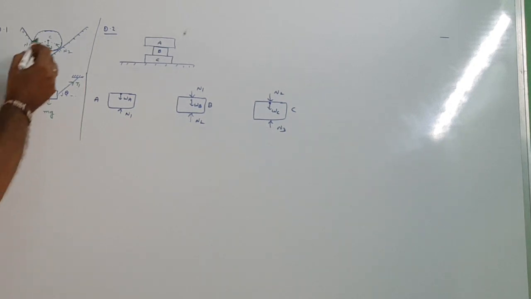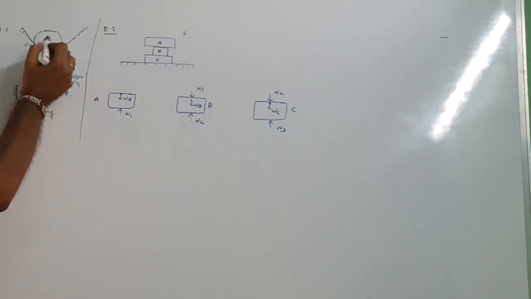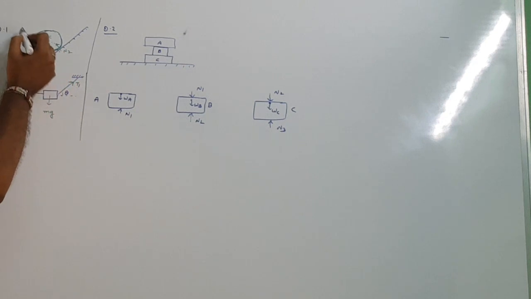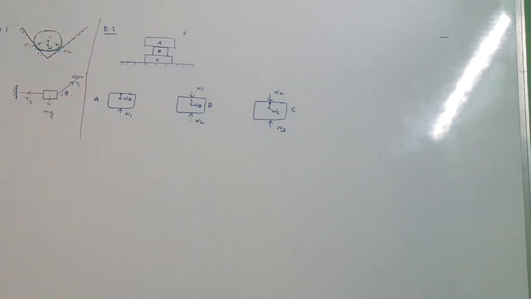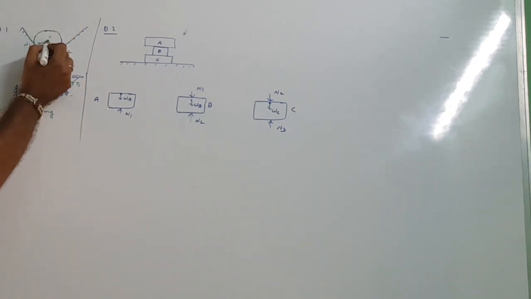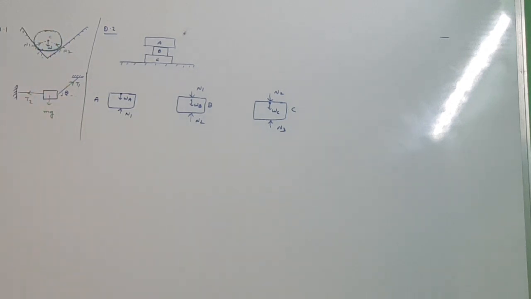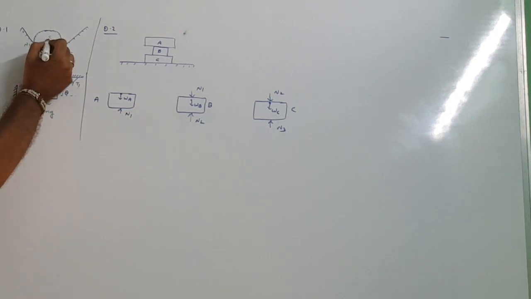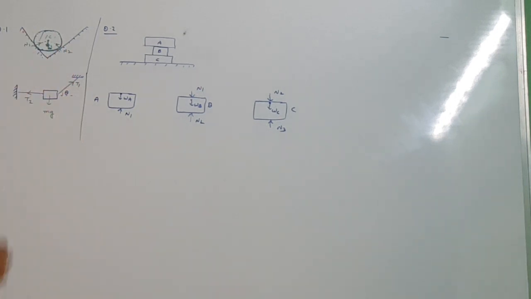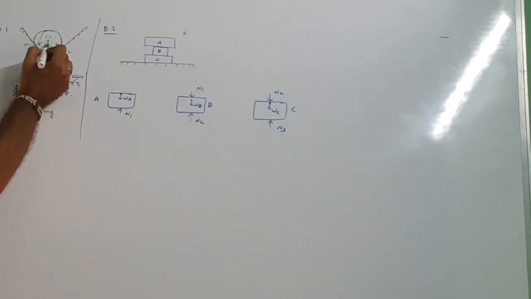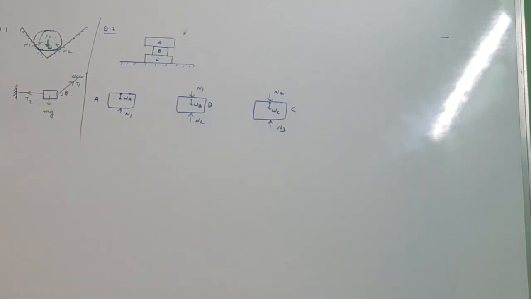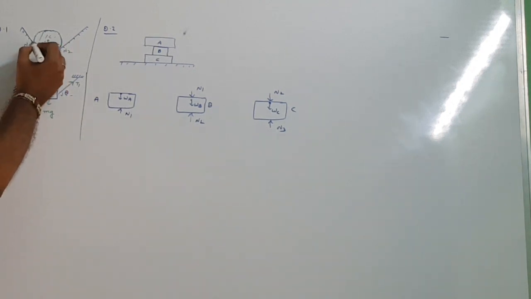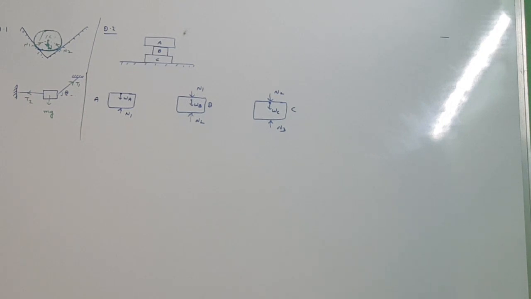So we have an object, let us say this roller in this V-shape surface. In circular shape objects, we know that the center of gravity is at the center of the circle. So the whole object's weight will act through the center, and weight is always downward. So W is from the center towards the ground, and reaction force is always perpendicular to the surface attached.